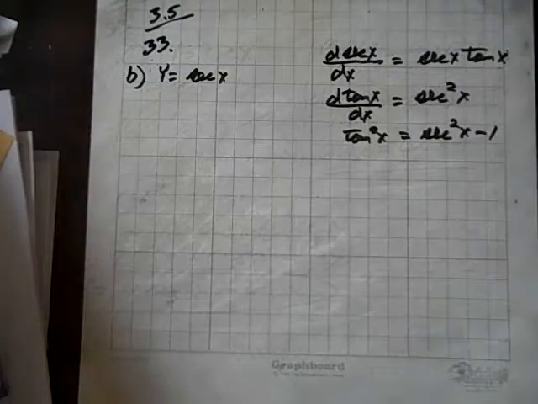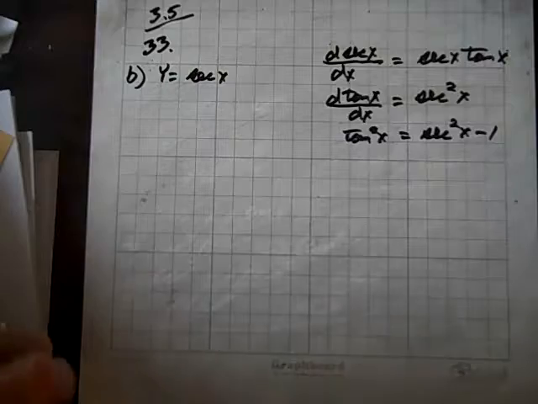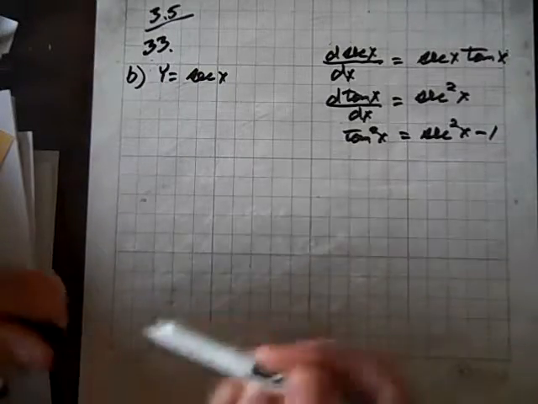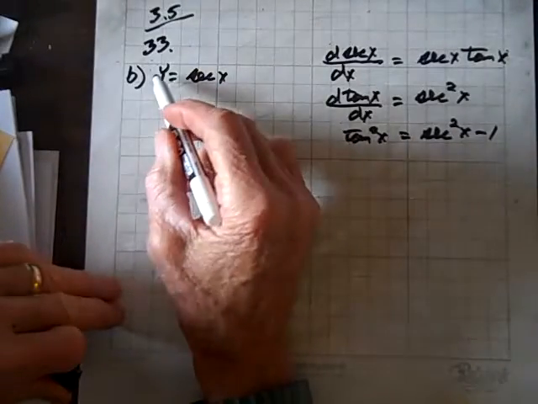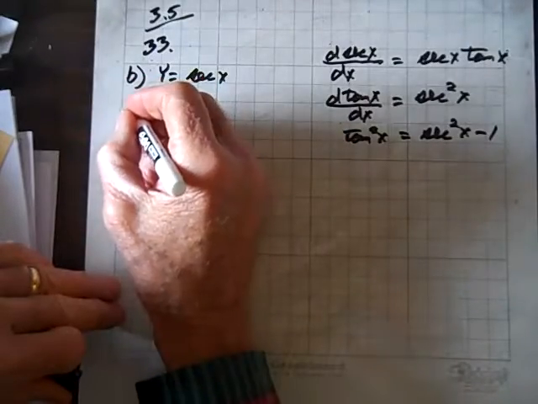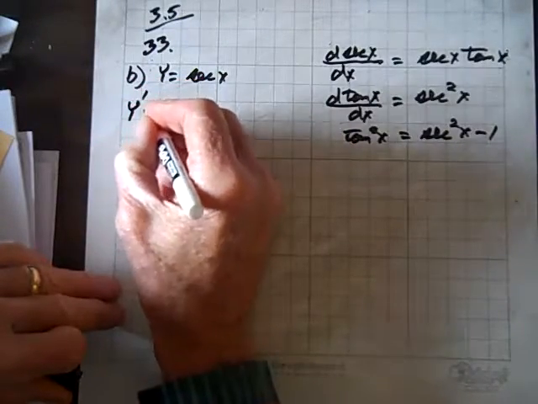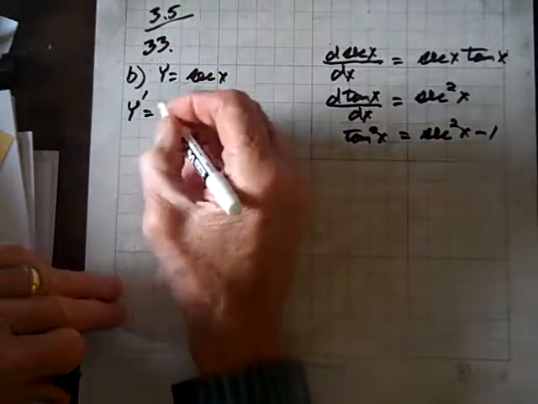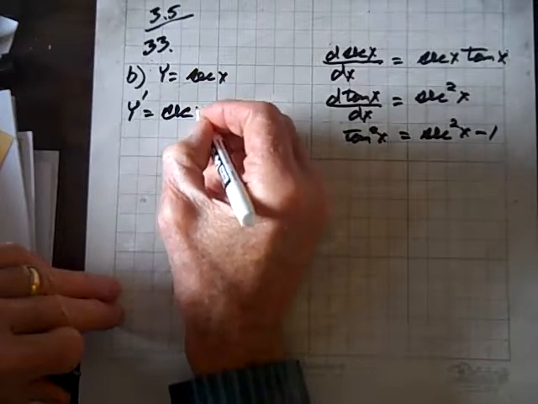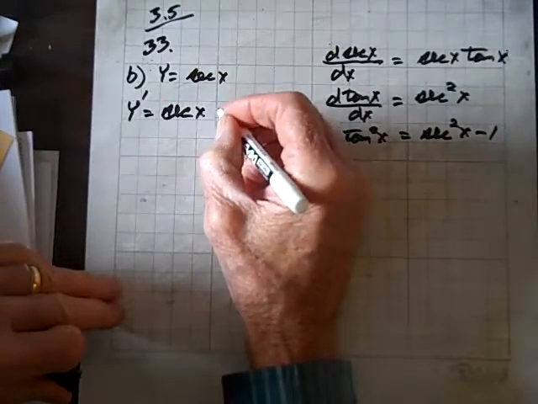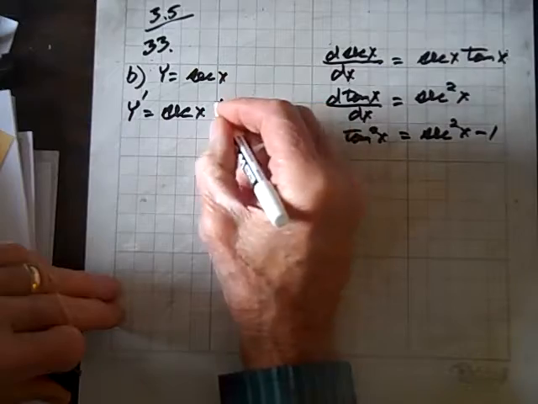Now we're going to do part B of question 33, and we have to find y double prime. Well, the first thing to do is find y prime, and so that's going to be secant of x tan of x.